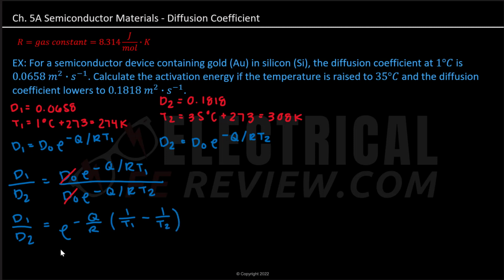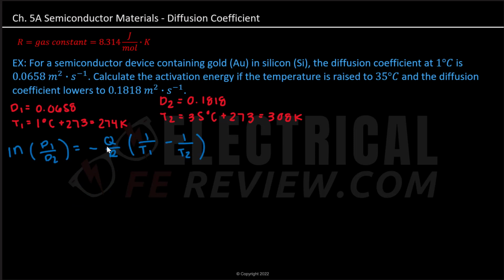Our next step in simplifying is to get rid of this exponential by taking the natural log on both sides. So we have the natural log of D1 over D2, and when we take the natural log of our exponential, it cancels out. So we have negative Q divided by R, and we have 1 over T1 minus 1 over T2. Let's go ahead and wipe the board again to continue to solve.